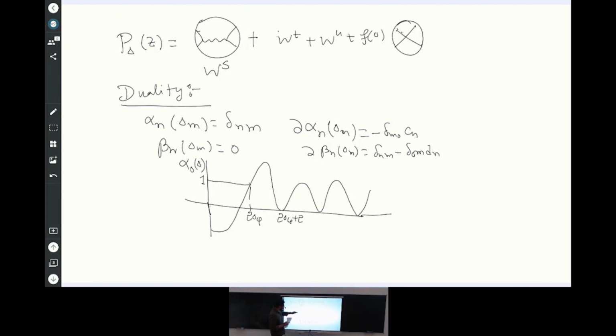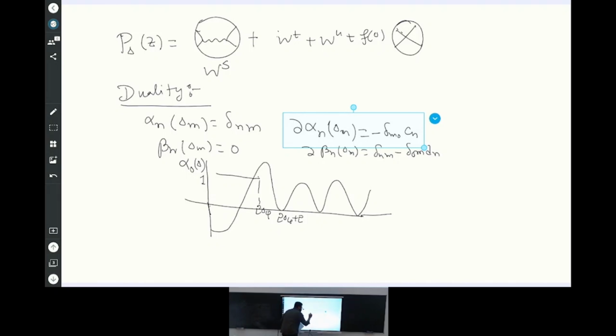Then the orthogonality tells us that when it acts on the crossing vector, which is delta 0, that is when delta equals delta 0, that is n equals m, at that point this is 1, and in the rest of the places, this is 0. This has double zeros, except the point here, which is coming from this derivative relation, right?